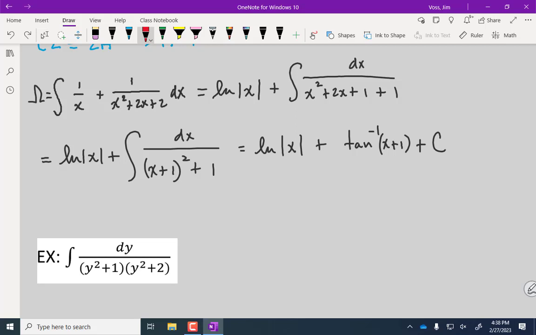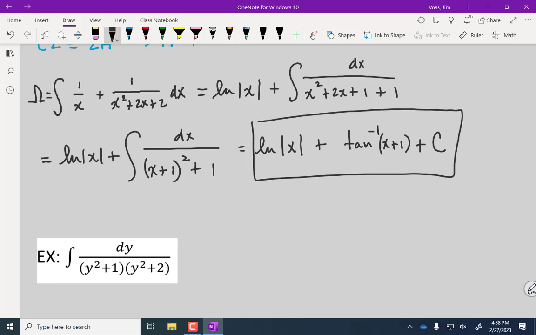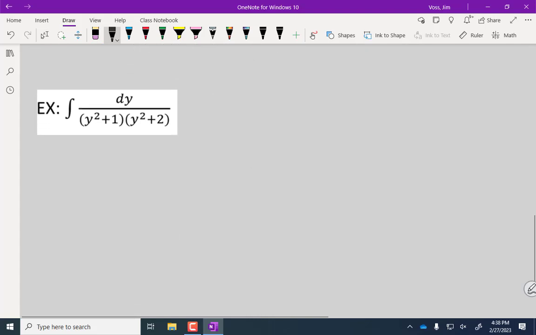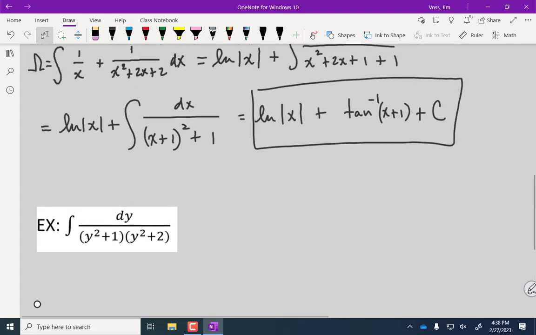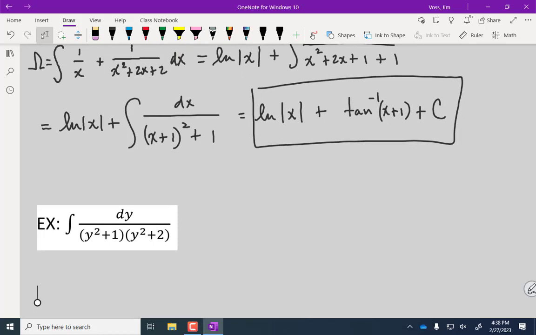So because it went so well with that irreducible quadratic, let's do 2 irreducible quadratics. Oh yeah, that's not good. Anything worth doing is worth overdoing. All right, so we're going to rewrite this.